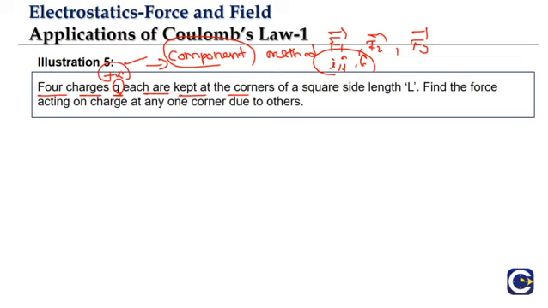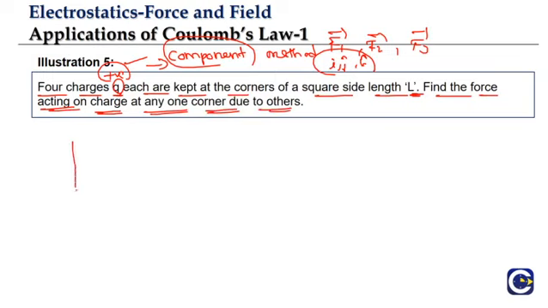Unless we have problems where they specifically ask to find the nature or the value of Q, for the sake of clarity we can take Q to be positive. So, 4 charges Q each are kept at the corners of a square of side length L. Find the force acting on the charge at any one corner due to the others.